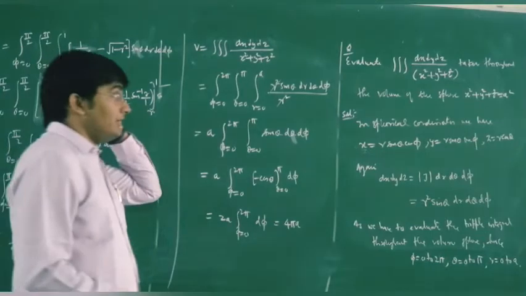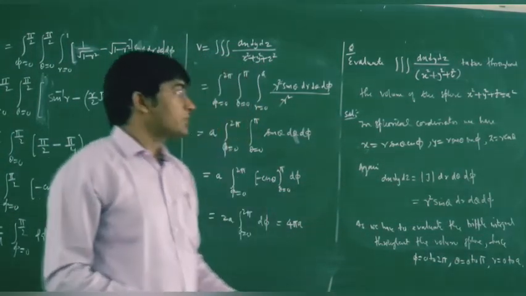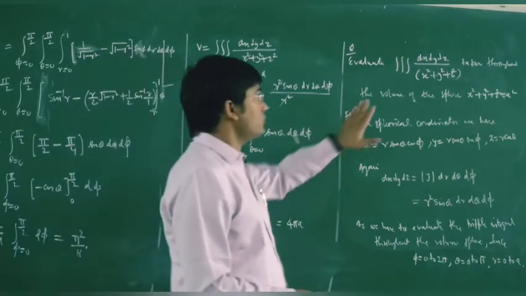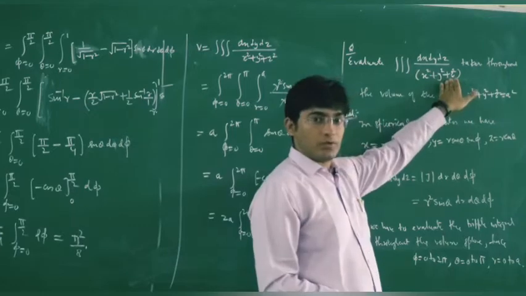Okay. Now let us evaluate the volume of the sphere. For that we will assume that x square plus y square plus z square is 1.